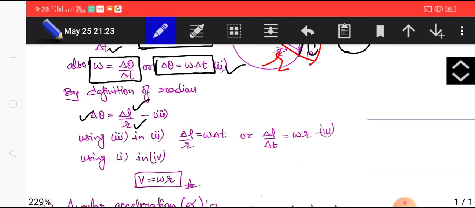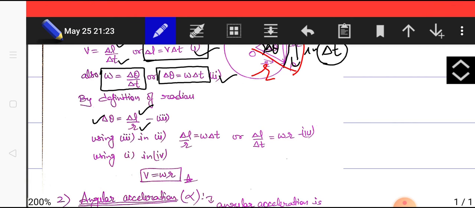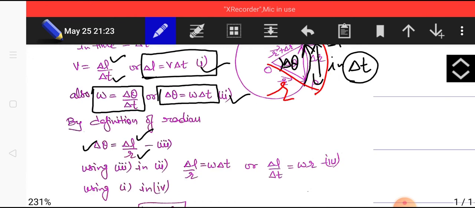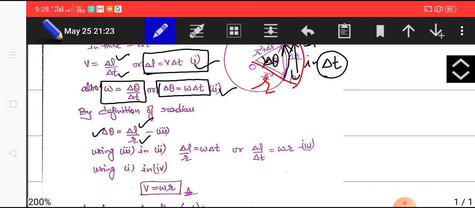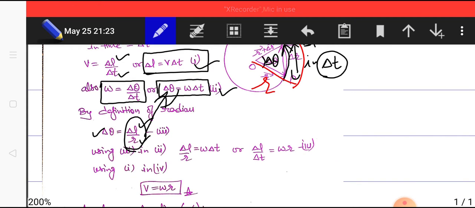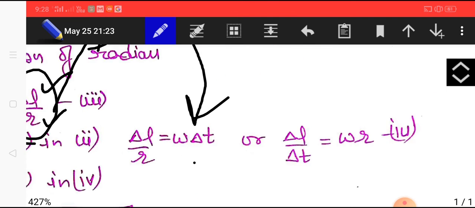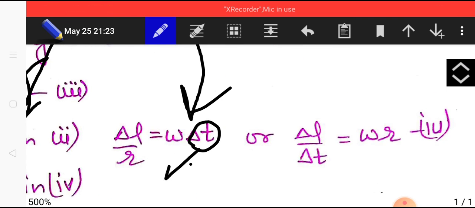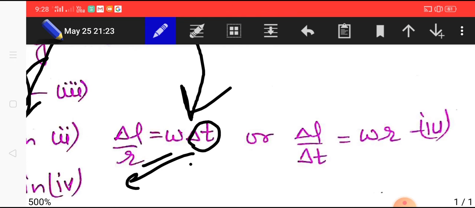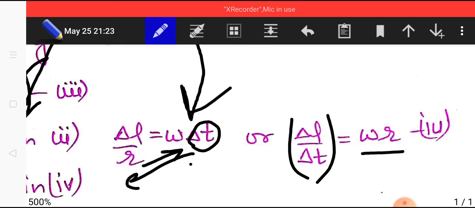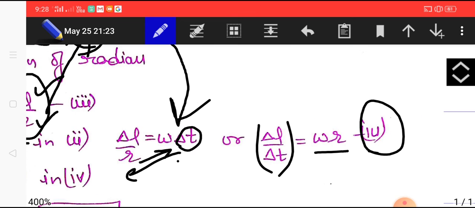Now using relation 3, delta theta is equal to delta L by r, in relation 2, I can put the value delta L by r in place of delta theta, which results in the equation delta L by r is equal to omega delta t. Or I can write this delta t in division here, and take r to the other side, and it will become delta L by delta t is equal to omega r. Let it be equation number 4.